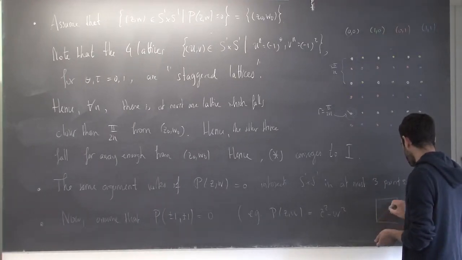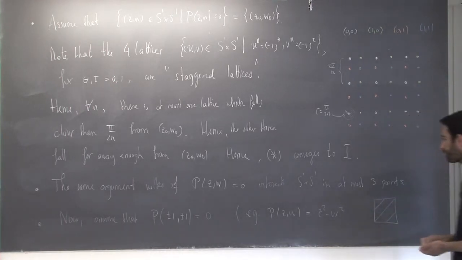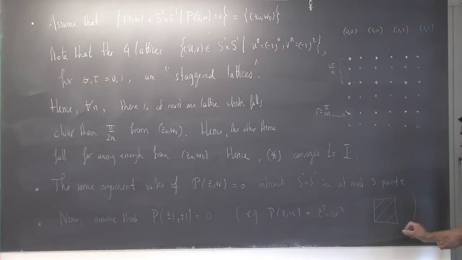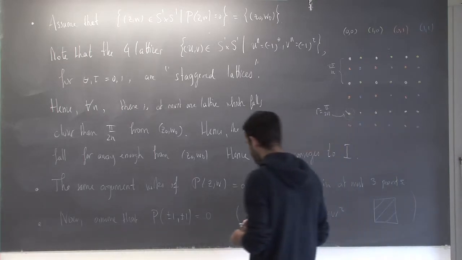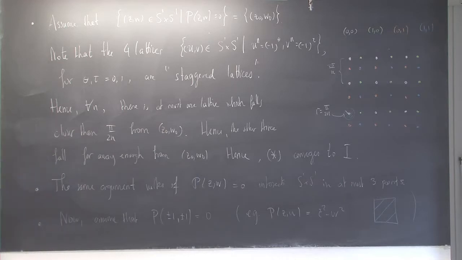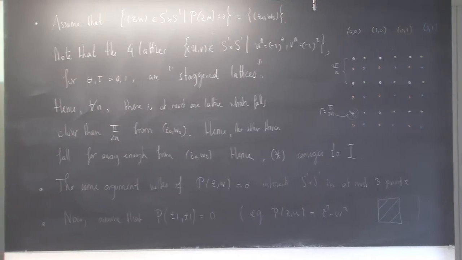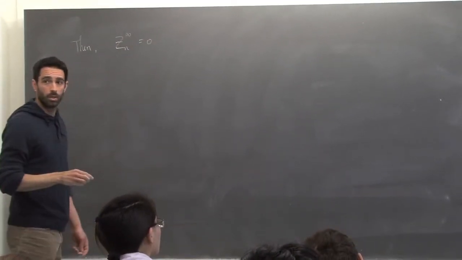it intersects the torus like this. Well, in this case, what happens? Well, then we have Z_{0,0}(n) is always equal to 0, right?